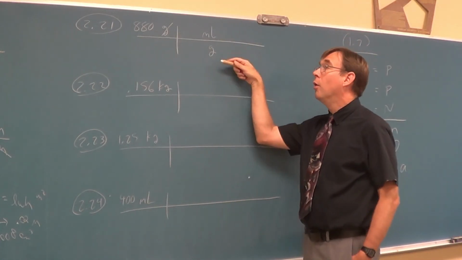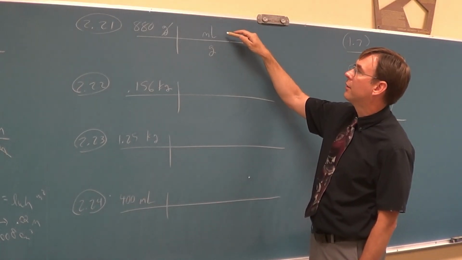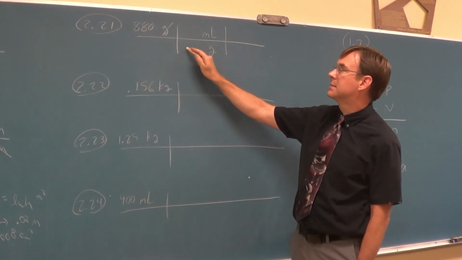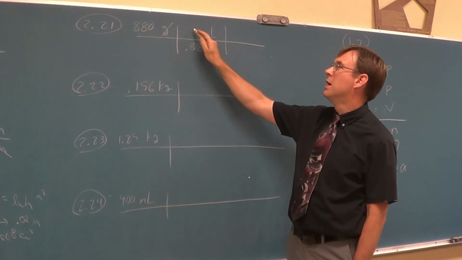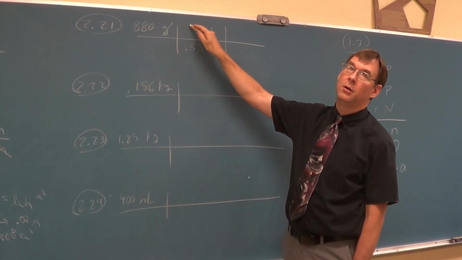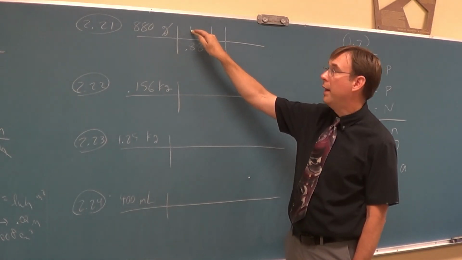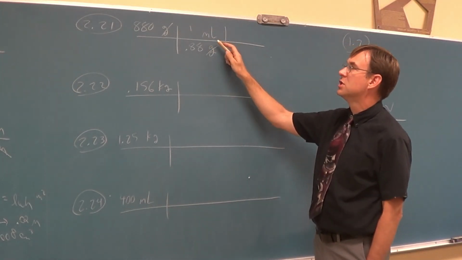We're upside down, but it's still grams and milliliters, so we have a conversion factor there. They told us it's 0.88 grams per milliliter. If you demand a number for milliliters, it's an implied 1. So grams is out, milliliters is in.